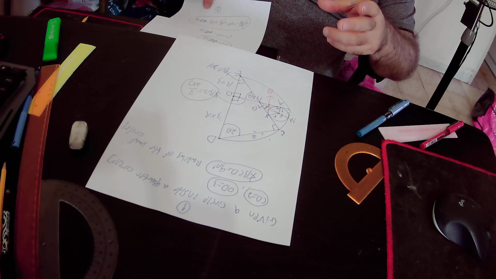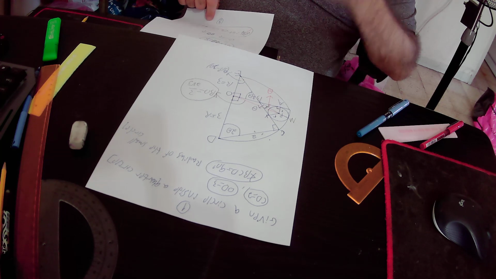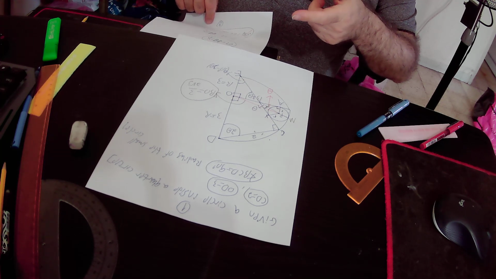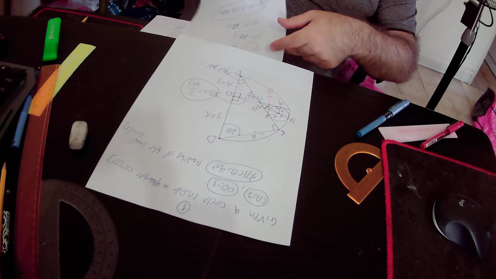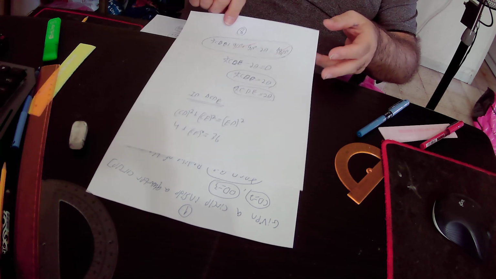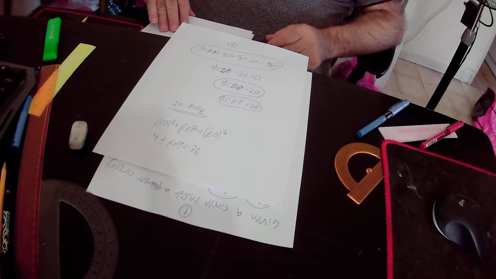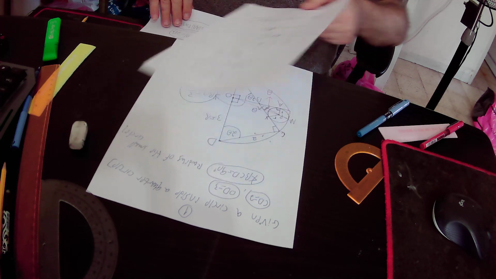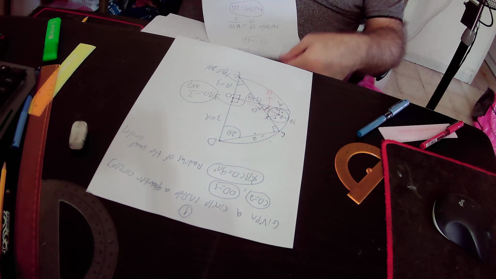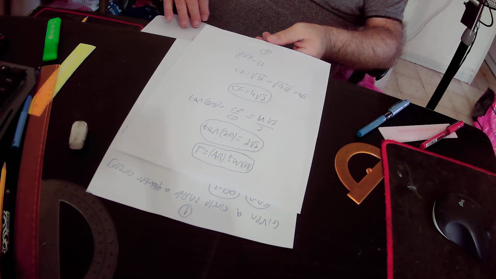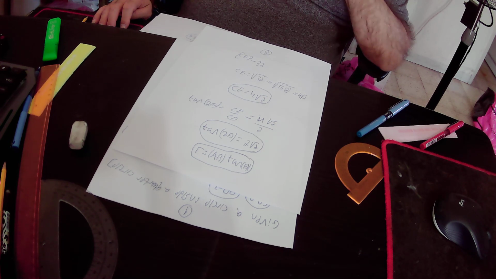DE is the diameter of the semicircle, and the radius equals 3, so the diameter is 2 times the radius. Therefore the diameter is 6 units, so DE equals 6 units, and DE square is 36. Okay? And from this equality we got that the value of CE is 4 times root 2.